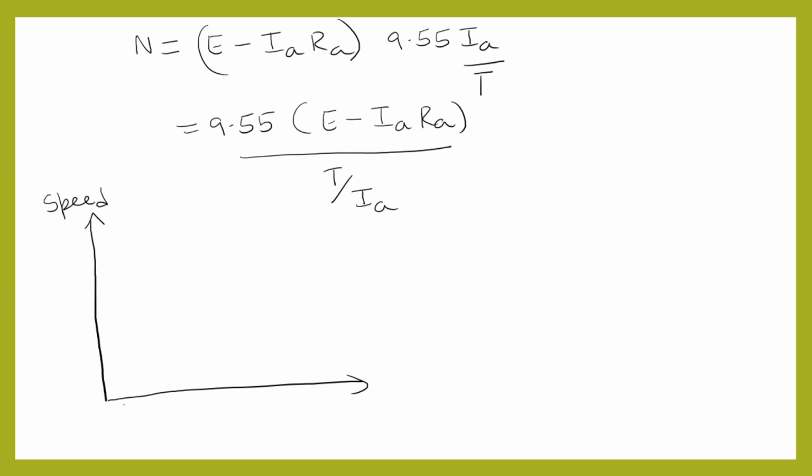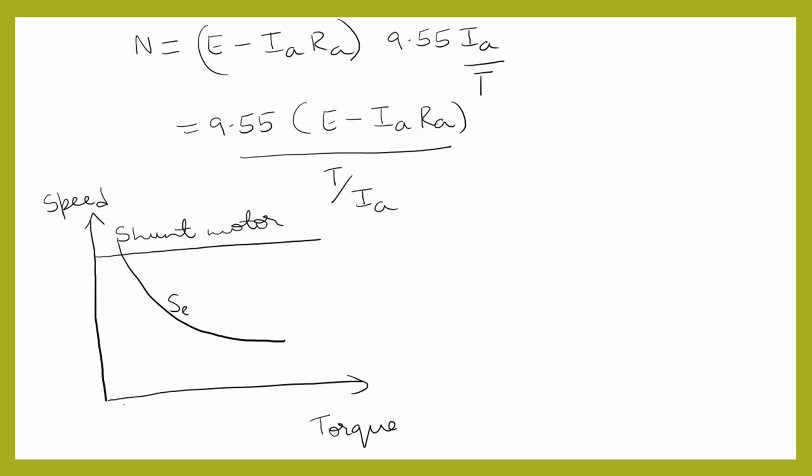The speed torque curve is a straight line for shunt motor, whereas for series motor it is as shown in the figure.